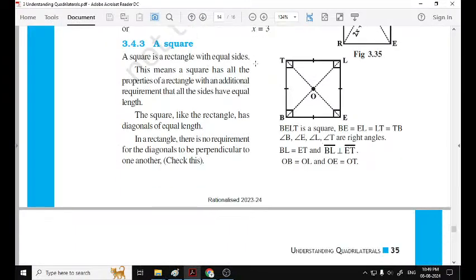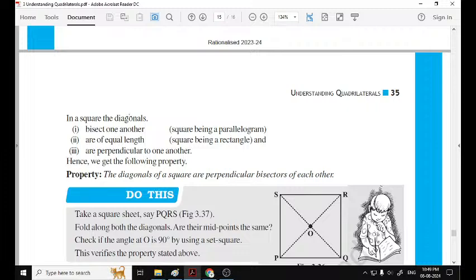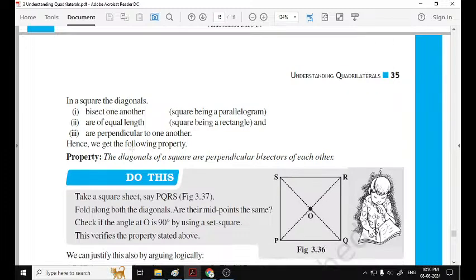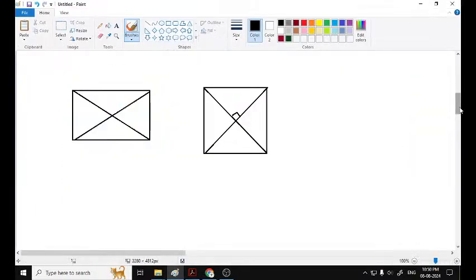A square like rectangle has diagonals of equal length. They bisect each other, are of equal length, and they are perpendicular to each other. Now let us summarize all this with the help of chart.